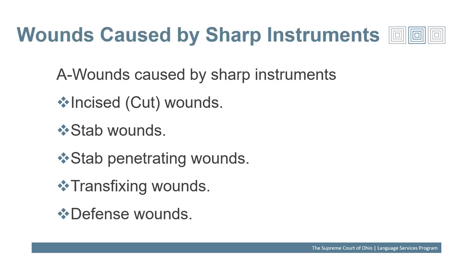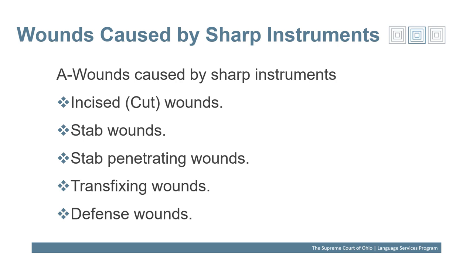And of course, as interpreters, we also have to consider that any type of sharp weapon will cause wounds, and these could be incised or cut wounds, stab penetrating wounds, transfixing wounds, and defense wounds.